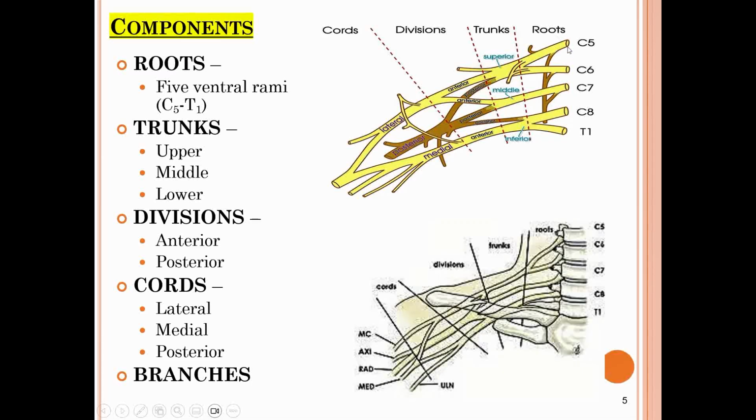So we got roots. From roots trunks are formed, trunks are further divided into anterior and posterior divisions, and from there the cords are formed. The cords are lateral, posterior and medial, and their names are because of their relation to the second part of the axillary artery.